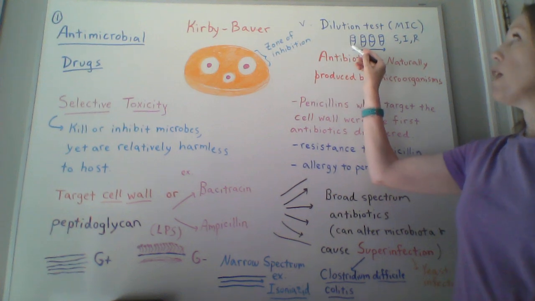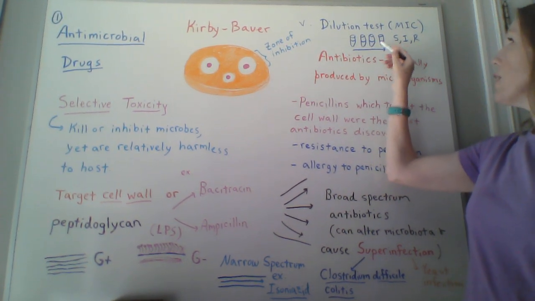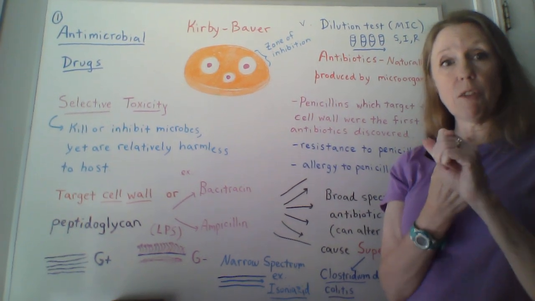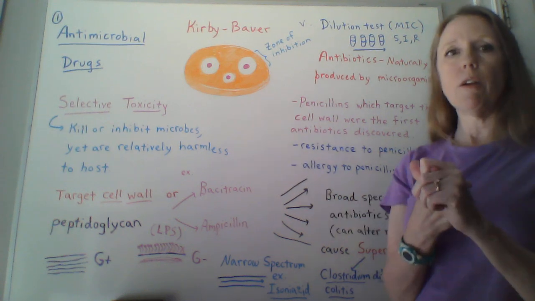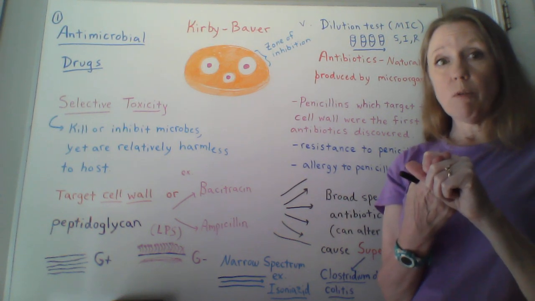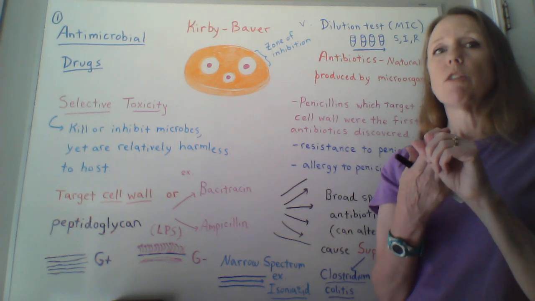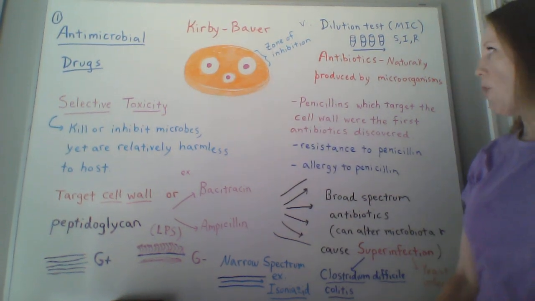And so this is an increasing amount of dilution, and we can see from that if it is going to be sensitive to the antimicrobial, or if it will be intermediate, which means it works but not that well, or resistant, which means it probably won't work. So that's what we have to do nowadays with our antimicrobial drugs.